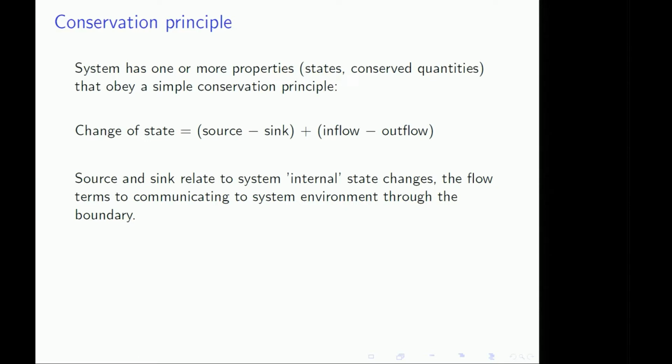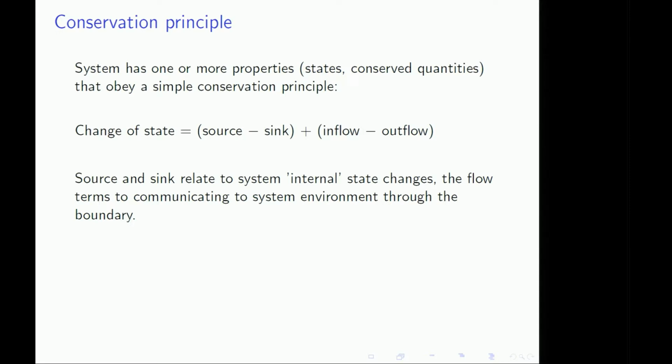So we can clearly identify those things, those effects that actually change the state. This is rather generic, so very many things fit this frame. We have separated source and sink from inflow and outflow to highlight that there are some changes in the state that are in some sense system internal.